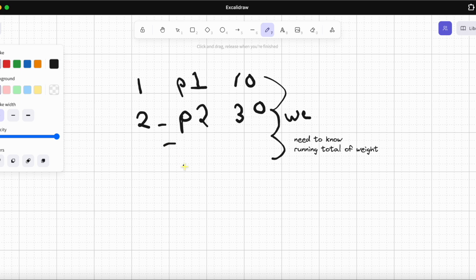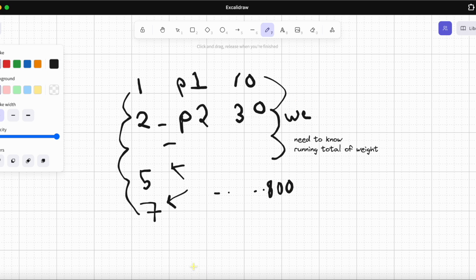So at some point we're going to be at maybe turn number 5. We might reach a turn of 7. No matter what the turn number is, we're always going to know the running total, right? So the running total might be, let's say, 800. So it's not like we're going to break and stop as soon as we hit 1,000. We're just simply going to get the running total for every single turn.